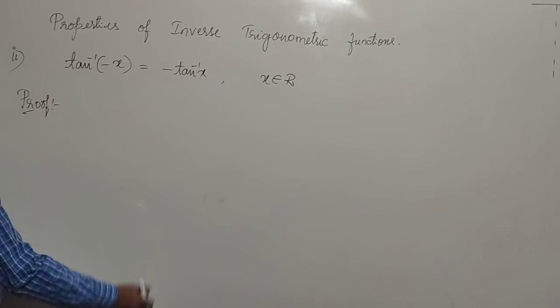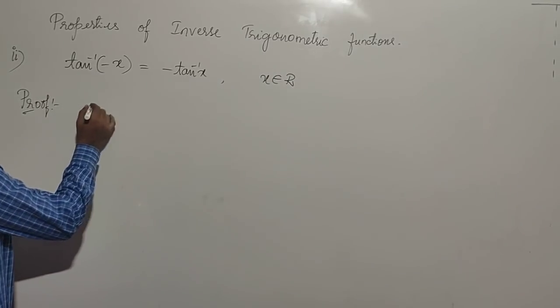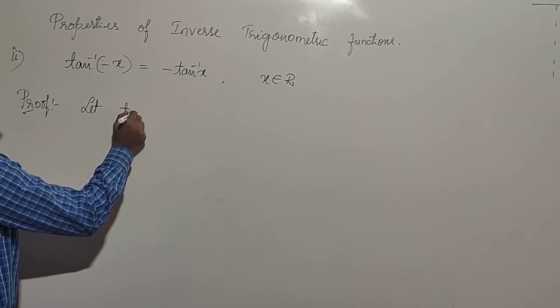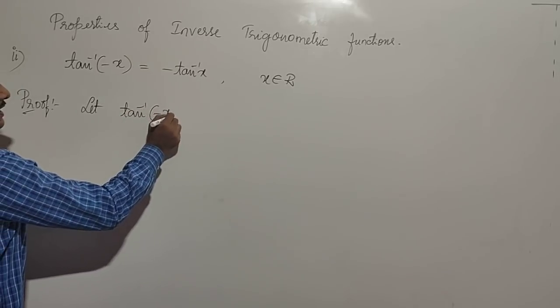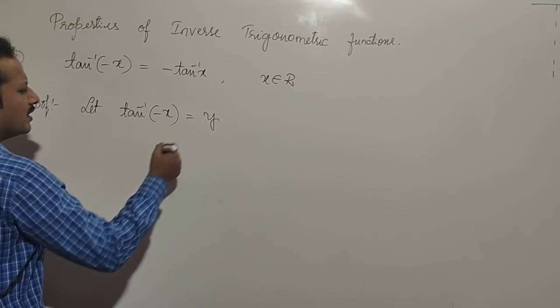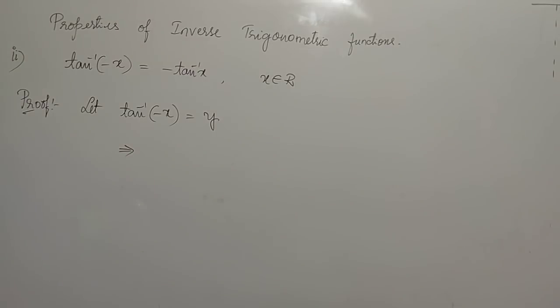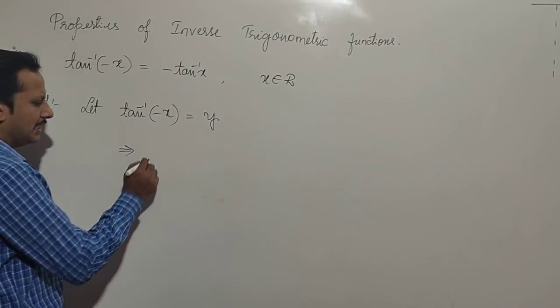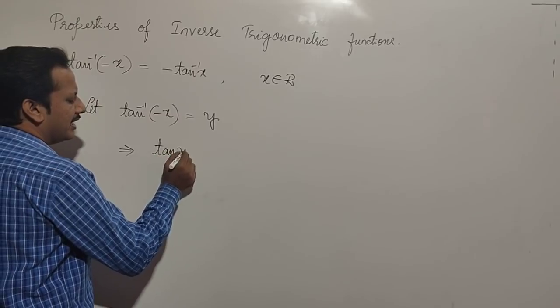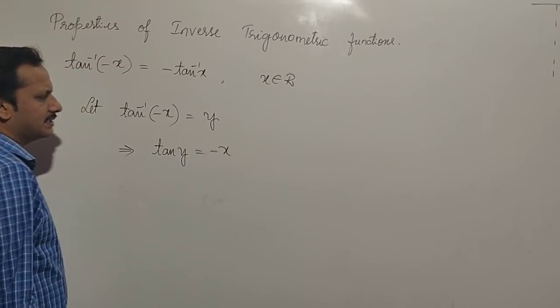Let me prove this result now. Proof. So, let tan inverse of minus x is equal to y. This implies that tan y is equal to minus x.